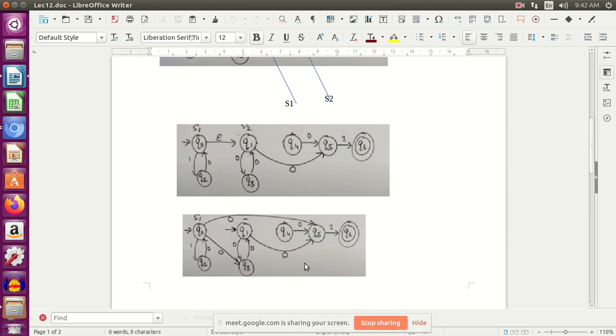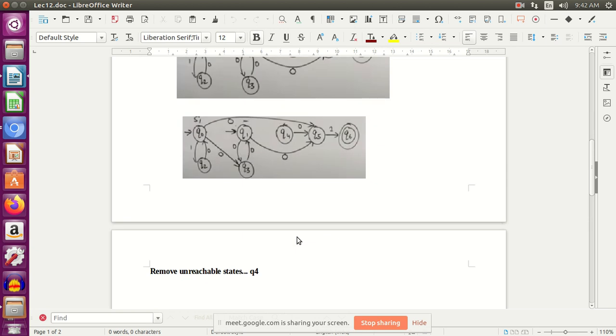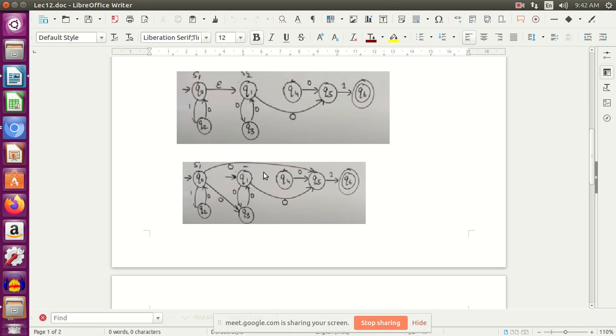So in this particular NFA, Q4 is the unreachable state, because you cannot reach Q4 by any means if you start from Q0. So I'll just remove Q4. I have not drawn the diagram again over here. Simply remove Q4 and the edge going out of Q4. The rest of the diagram will be the same. That would give us the final NFA without any epsilon move.